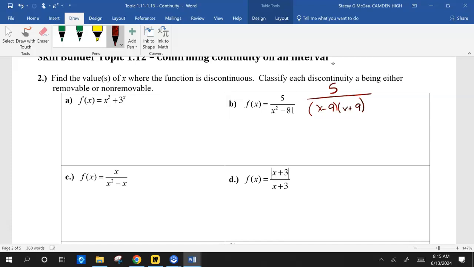Are they holes or asymptotes? How do you know? They're not canceling, they're asymptotes. So if they're asymptotes, it says find the values where it's discontinuous. So x equals 5, x equals -5, and all I have to do is say if it's removable or non-removable.